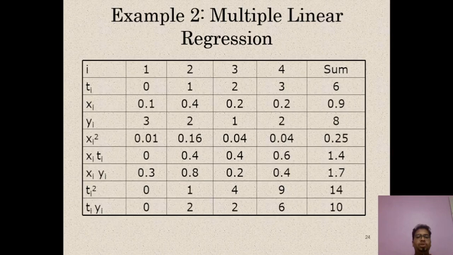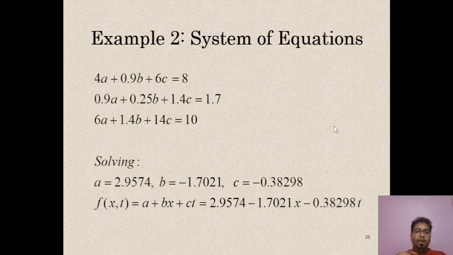These three equations are going to provide you A, B. Solve the equations simultaneously and you will get the values of A, B, C. Now put these values in the standard equation which is already given for multiple linear regression, and you get the equation of the regression line for this multiple linear regression.